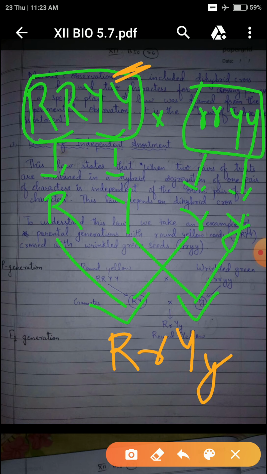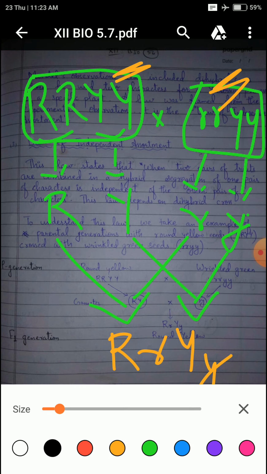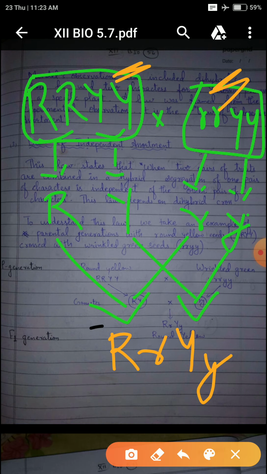This was wrinkled green. Two different types of seeds he took, round yellow seed and wrinkled green seed. What will be the phenotype of this generation? The phenotype of this F1 generation will definitely be round yellow. So that's what happened in the round yellow.